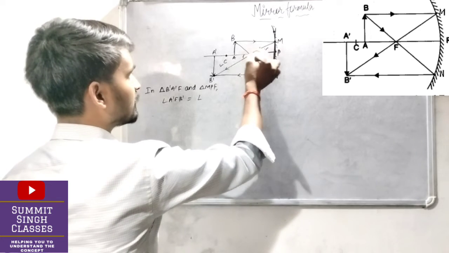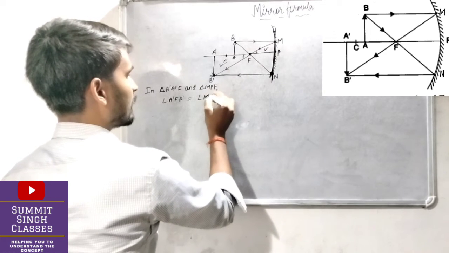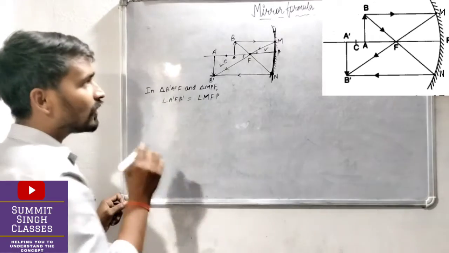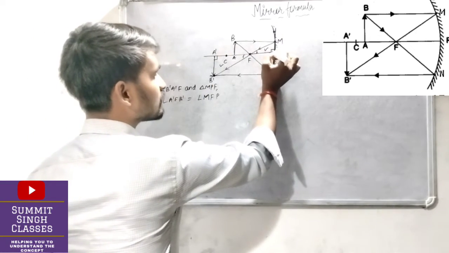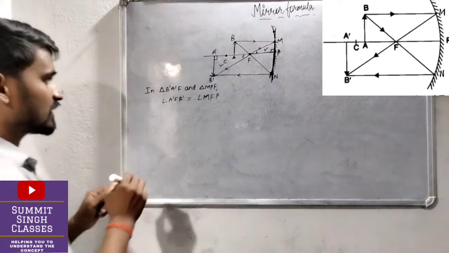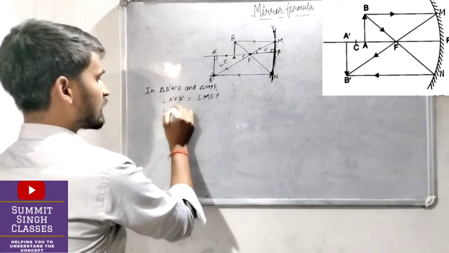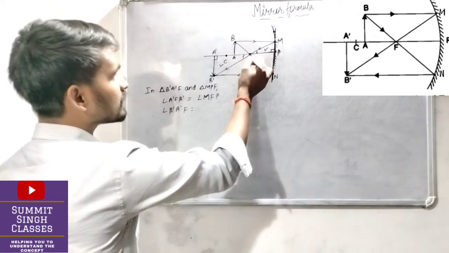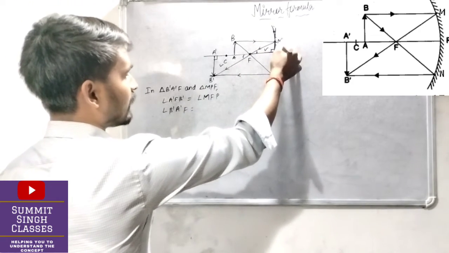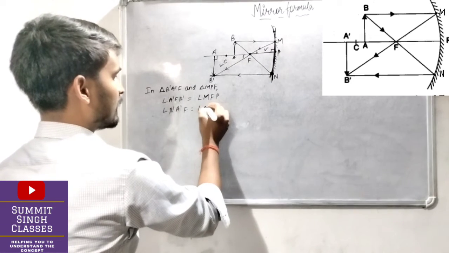Also, this angle is 90 degrees and this angle will also be equal to 90 degrees. So we can write angle B dash A dash F will be equal to angle MPF.